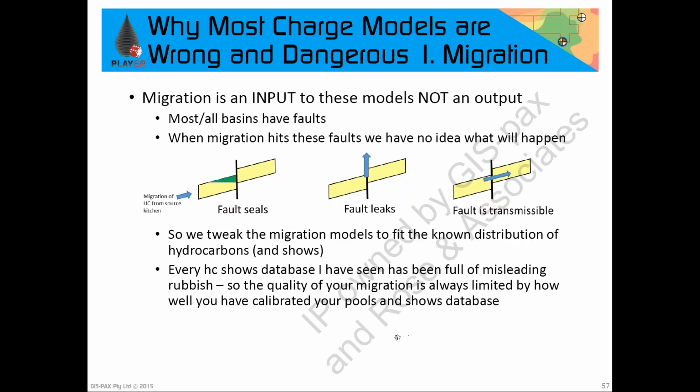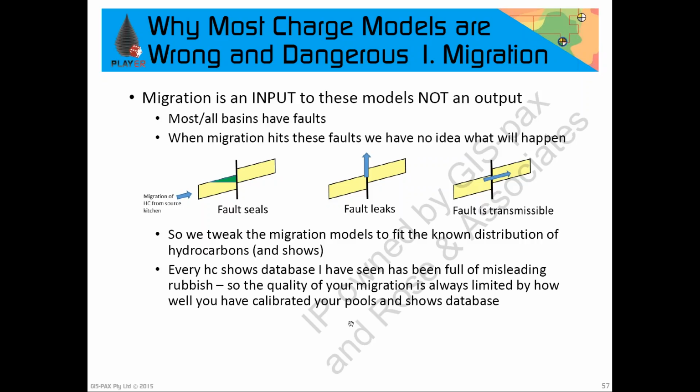Now what the charge modeler does is he or she looks at the distributions of hydrocarbons, tweaks the knobs, and then basically matches the distribution, and it is an internally consistent model. And that's fine. I understand why they do that.